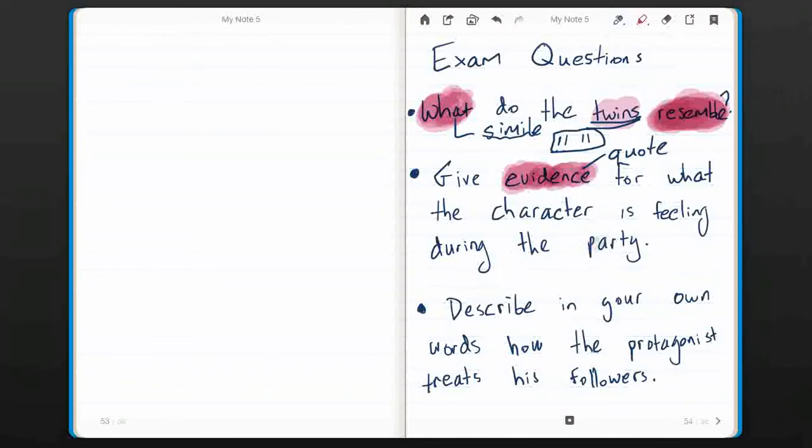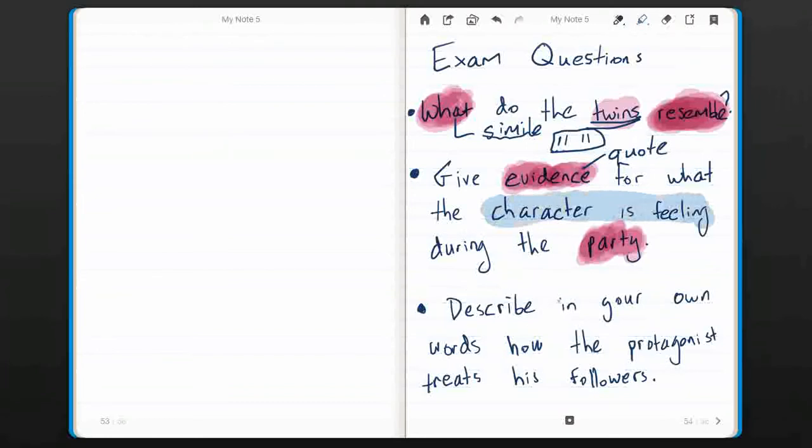So the first thing you should do is look up the party. It might be a whole paragraph about the party, or it might be that the whole text is about the party. If the whole text is about the party, then obviously you can't just find a paragraph; you have to read the whole thing. But to make it easier for yourselves, you should look up the bit that is talking about how the character is feeling. So look for feeling words and look for the main character's name. That's the best way to do that.